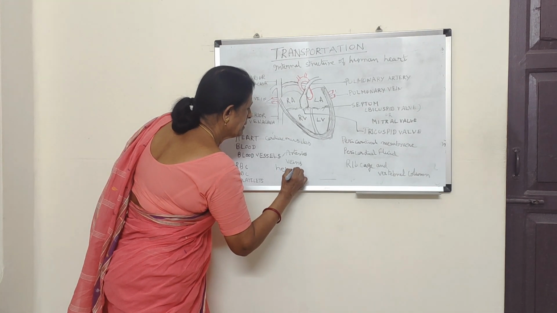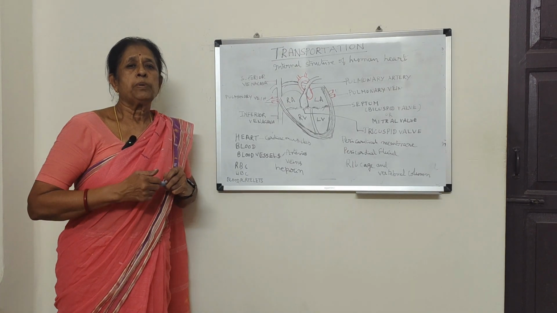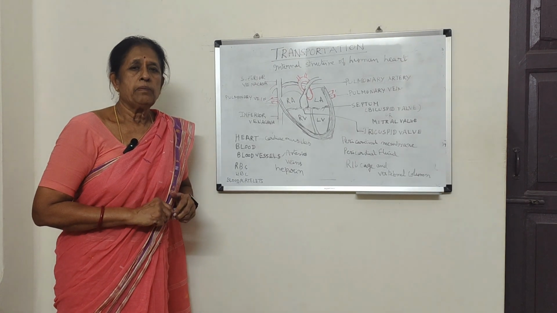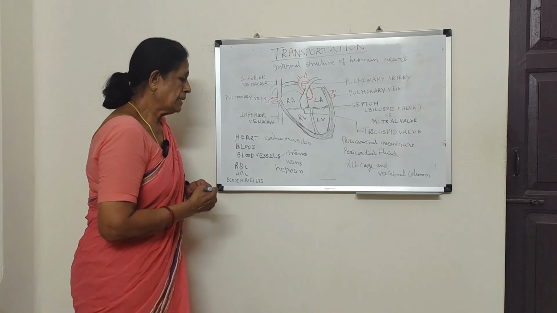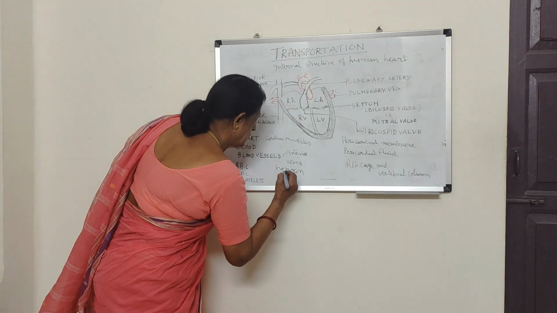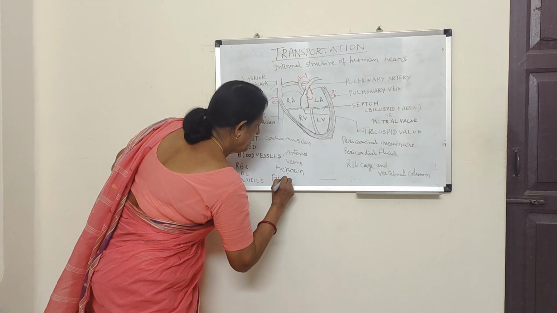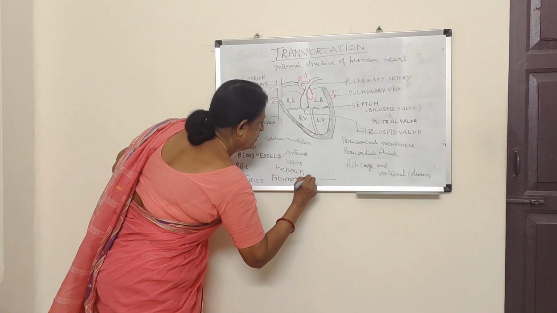Heparin is an organic substance present in the plasma of the blood which prevents clotting of blood during circulation. And there are other substances: fibrinogen and prothrombin.